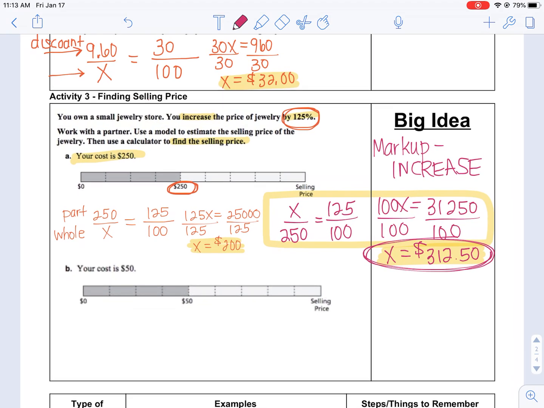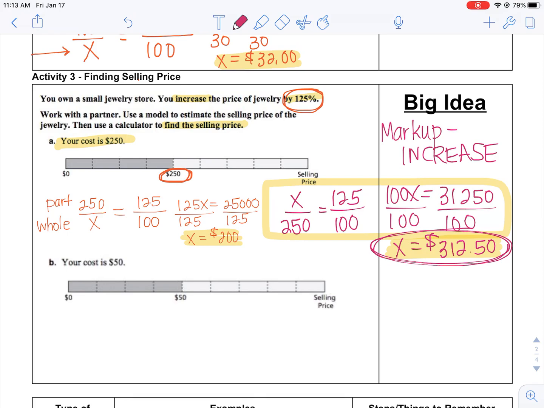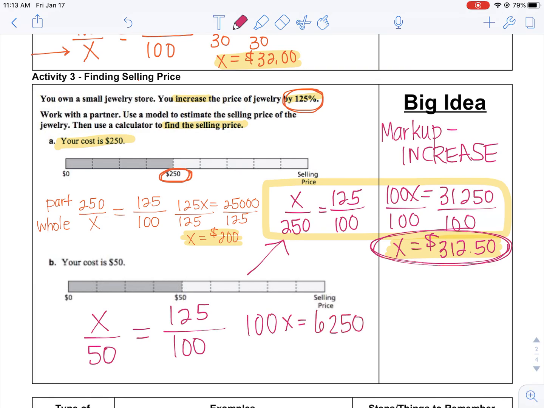On this one, your cost is $50 and we're still increasing by 125%. So I have 125 over 100. Again, I know I want my part over my cost. So that gives me 100x equals 6,250.